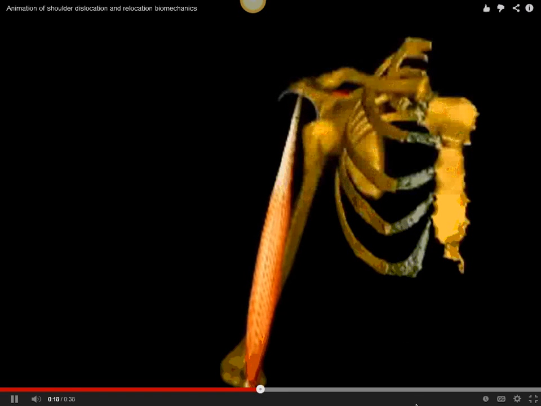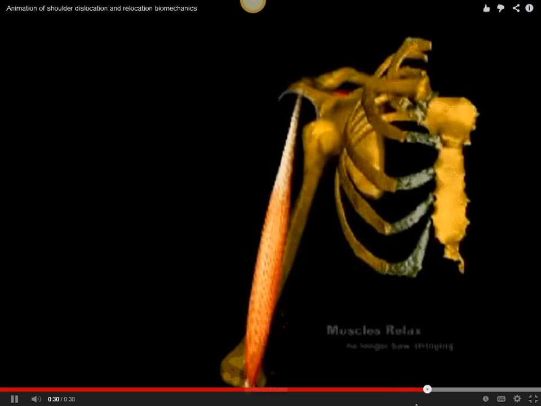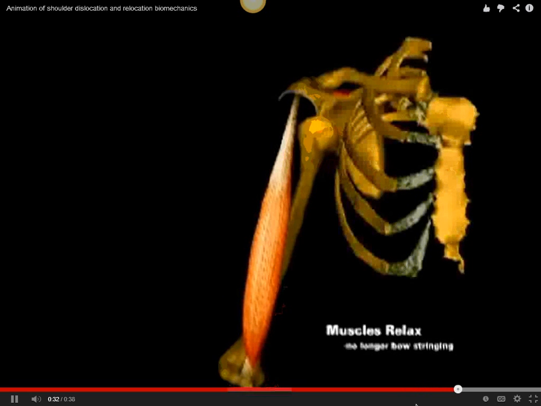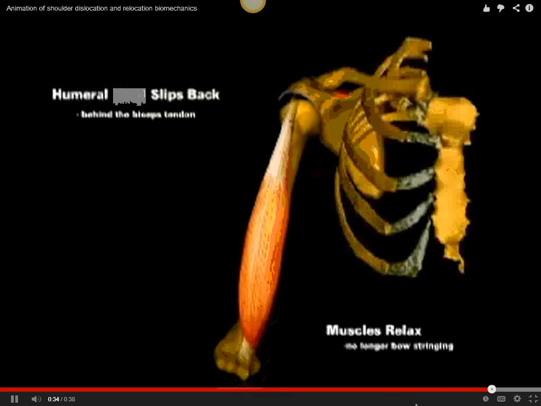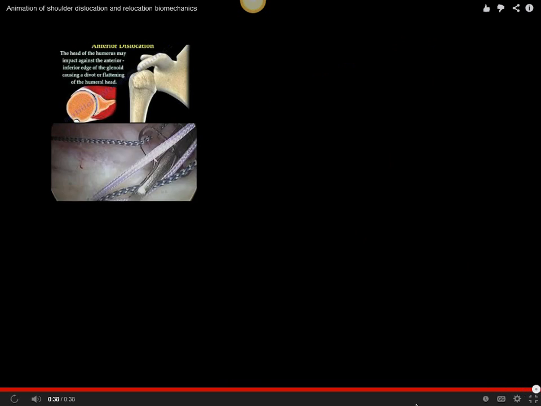Therefore, with the humerus held in the correct position, relaxation of the biceps should allow reduction to occur. The biceps is actually massaged distally to the joint around the midshaft of the humerus. As the muscles relax, the humeral head falls in.